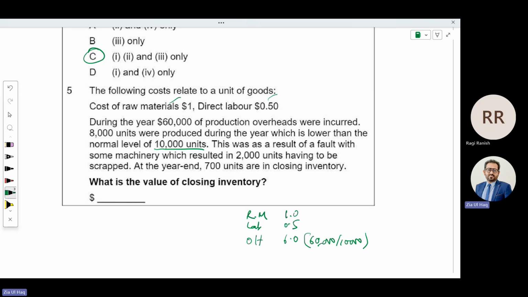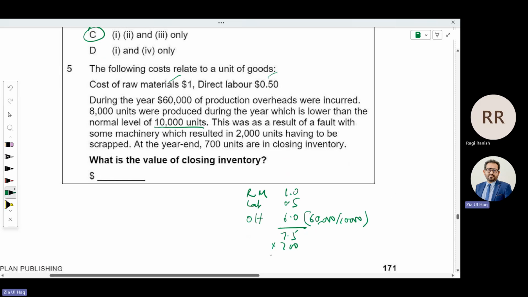And we should allocate production overheads as per normal activity. At the year end, 700 units are in closing inventory. What is the cost per unit? 7.5. How many units? 700. So what is the value? 5250. Simple.